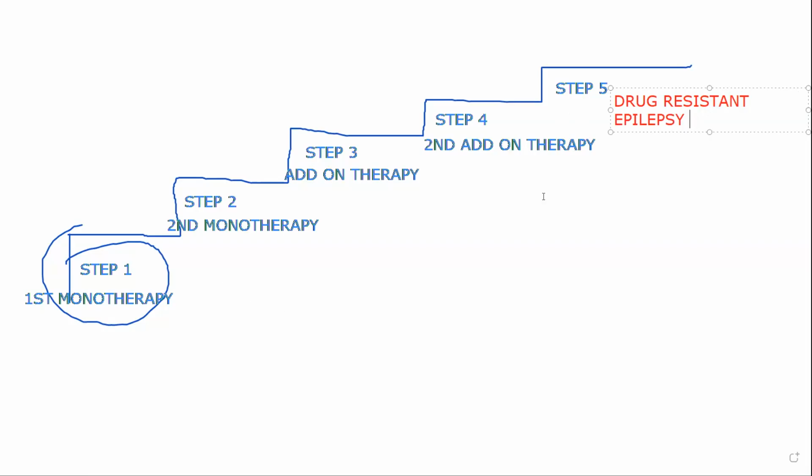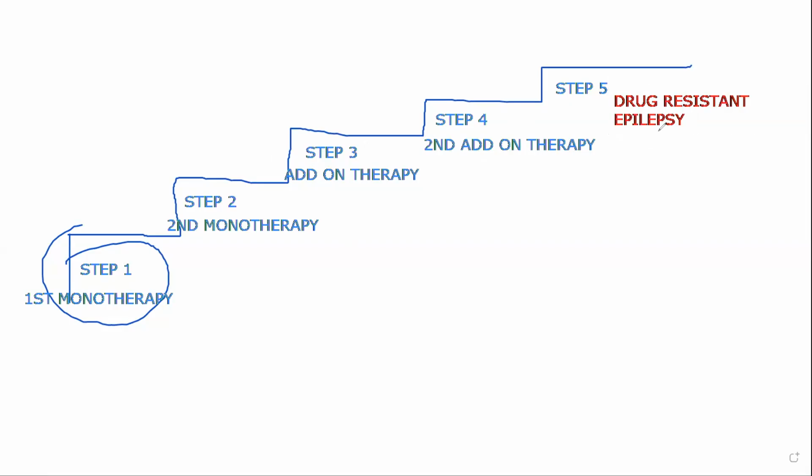So this is the principle of anti-epileptic drug use in seizure. For that PEDS SCQ also, this is pretty much the answer. And in the long case, or in the medicine SCQ next time, if they ask how would you treat with anti-epileptics, you can give this step-wise approach. Step 1 is first monotherapy, step 2 is second monotherapy, step 3 is add-on therapy, step 4 second add-on, step 5 is drug-resistant epilepsy.